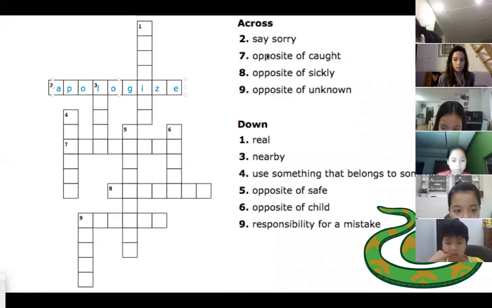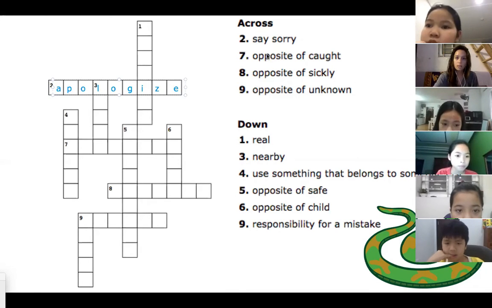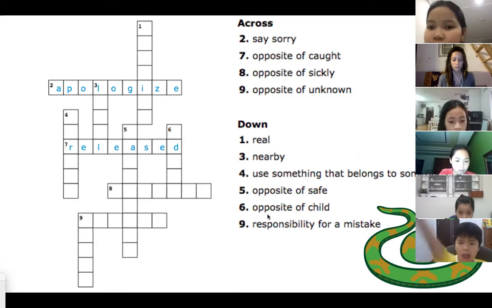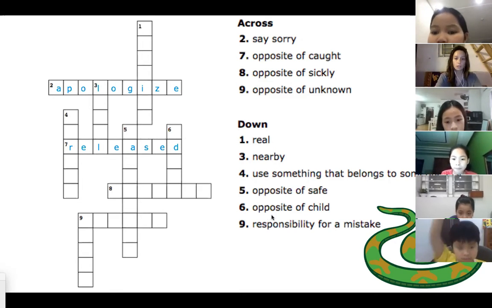Make sure you're thinking caught is in the past tense, so we probably want an antonym that is in the past tense. Released. Good job. When you catch something, you hold on to it, and when you release something, you let it go.